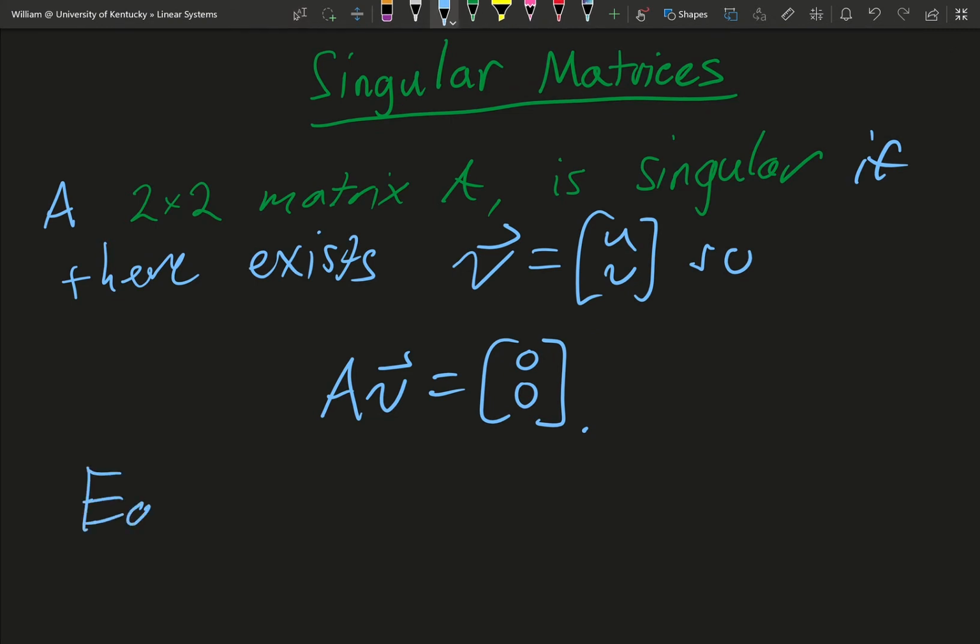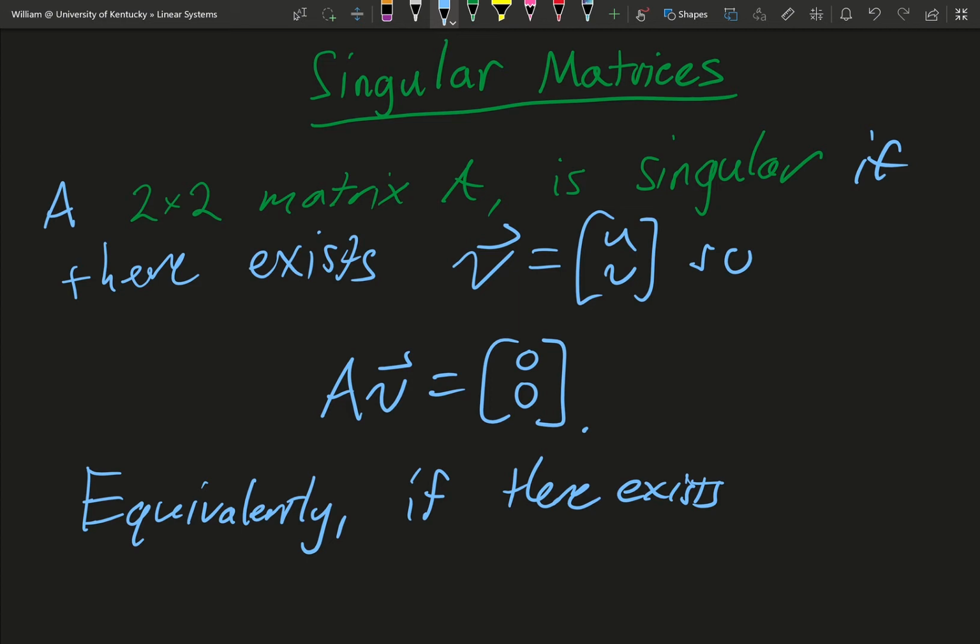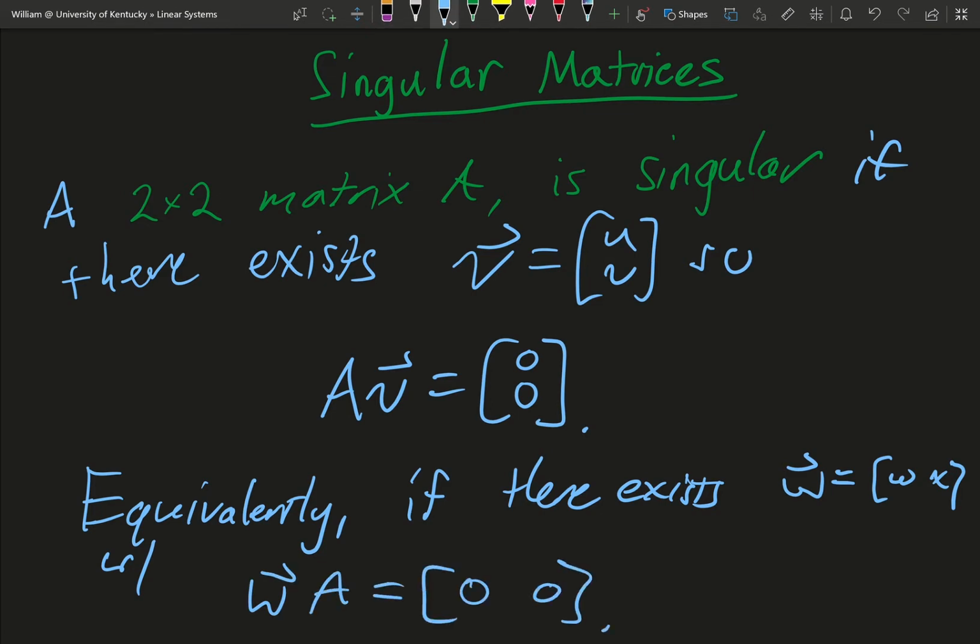Equivalently, another way of saying it is there exists some vector W, say Wx, with W times A equals also all zeros.